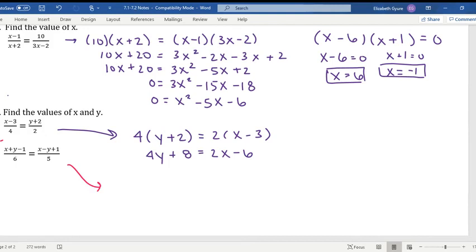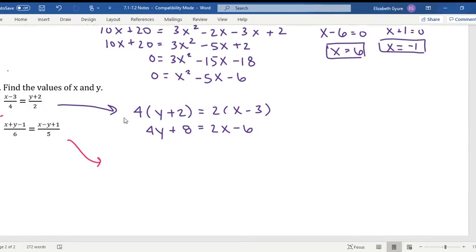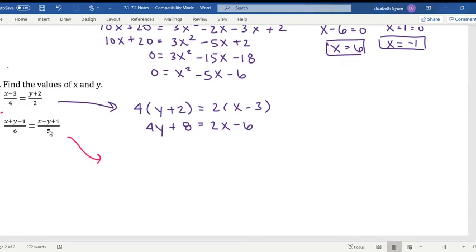All right. Now let's look at this one. This one, we got a little bit more going on here. And by the way, guys, does it really matter if you decide to multiply from top left to bottom right first or the other way around? Not really. Do what you like. For me, I think it depends on the problem. Sometimes I change it every time. What did I do for this one?